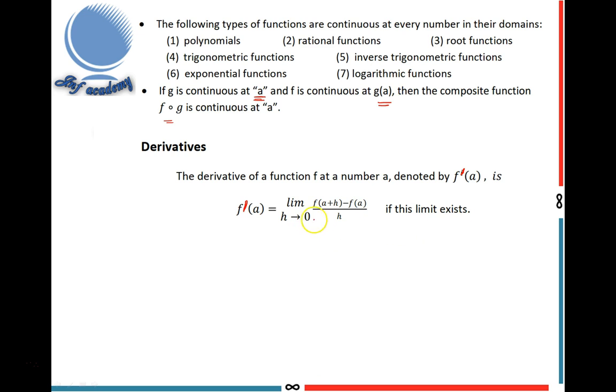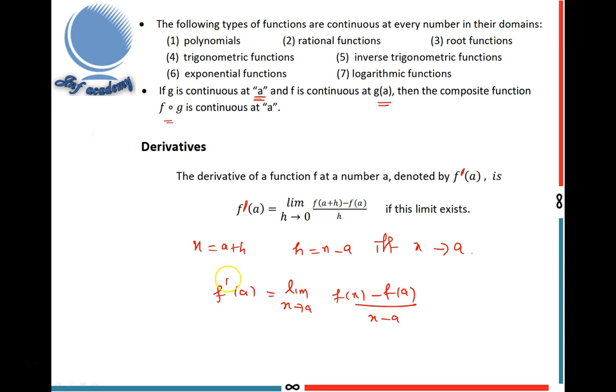That means if we write x equal to a plus h, then we have h equal to x minus a, and h approaches 0 if and only if x approaches a. Therefore, the equivalent way of stating the definition of the derivative is f dash of a equal to limit x tends to a of f of x minus f of a divided by x minus a. These two statements are equal. These are the definitions of derivative.